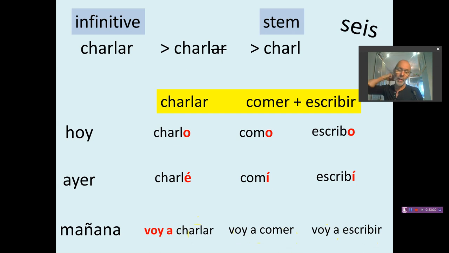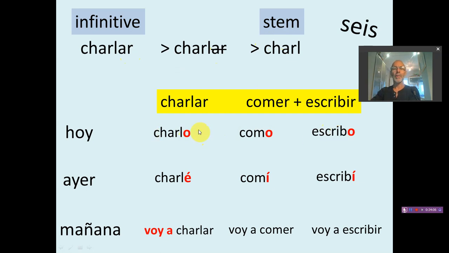Okay, so if you think about it, we've really only got 4 things we need to remember. Present tense is an O on the end of the stem. Stem is charl in this case, isn't it? Charlo. How do you form the stem? You take your basic part of the verb, the infinitive, charlar in this case, AR verb, chop that AR ending off to get the stem charl, and you add a particular ending, in this case an O for the present tense, which changes and modifies the meaning.